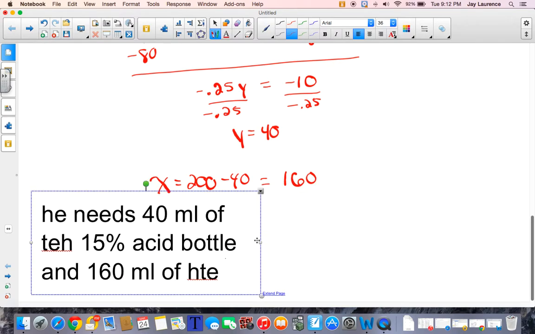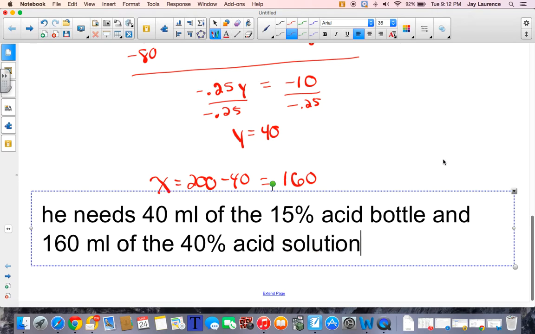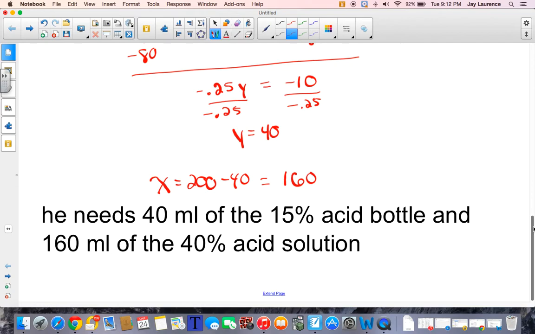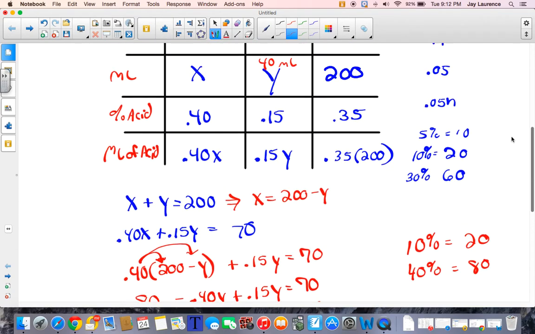Okay, let's see here. Let's change that. The 40% acid solution. Okay, there we go. Now, your answer makes sense. He needs a lot more of the 40% solution.